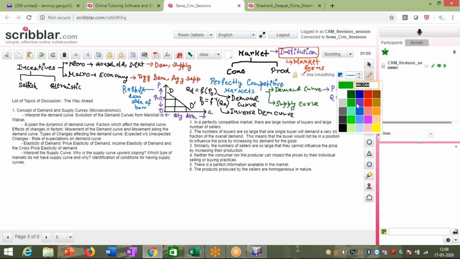And hence, from where would I get it? I would get it from the consumer's optimization problem. We'll get it from the consumer's optimization.